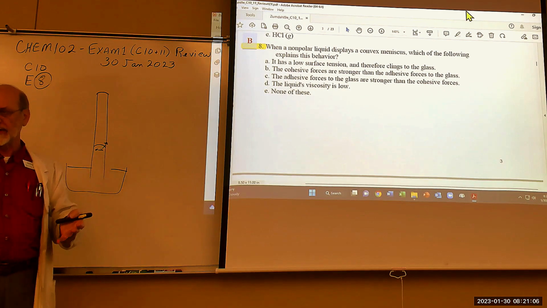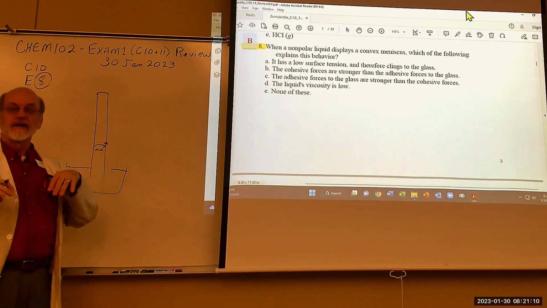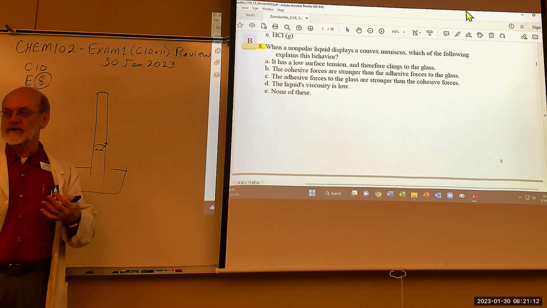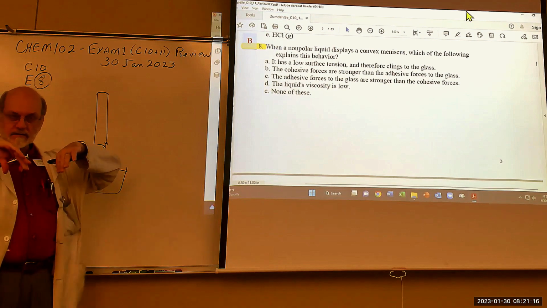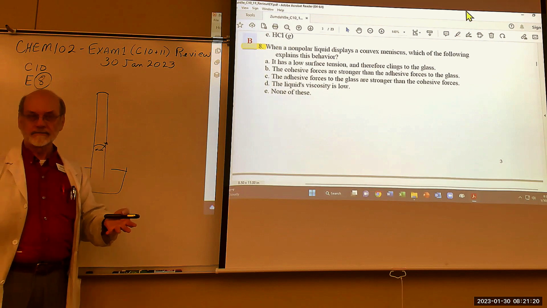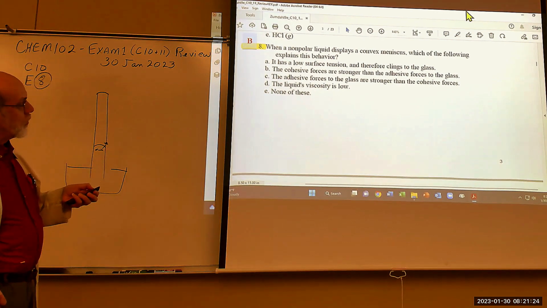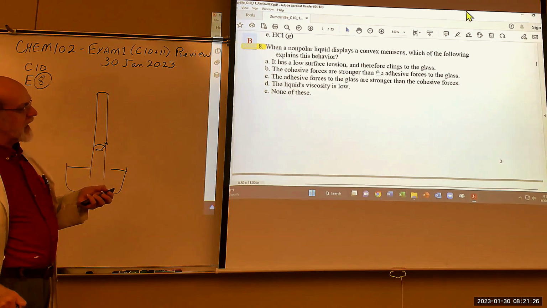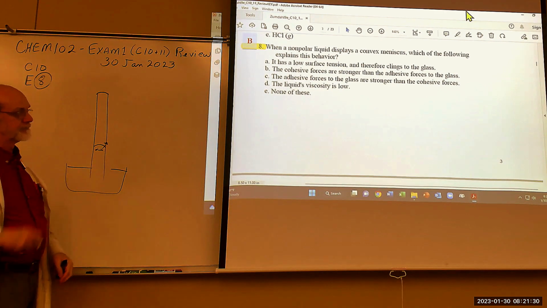Example, mercury. The other, concave meniscus, the adhesive forces are stronger than the cohesive forces. So you get a concave meniscus, for example water in a tube. So the cohesive forces are stronger than the adhesive forces. That's true, right there.